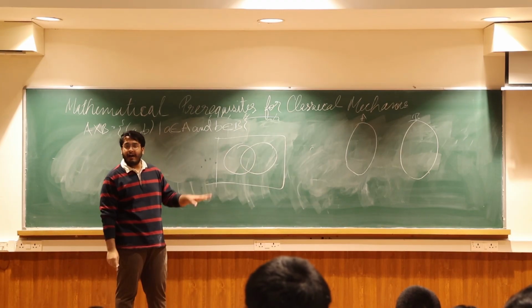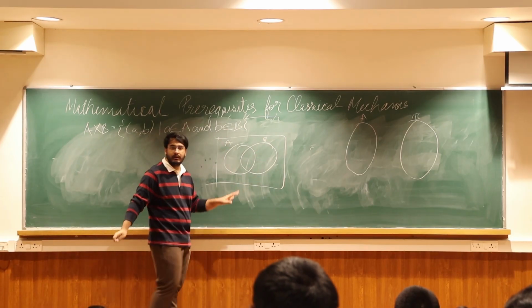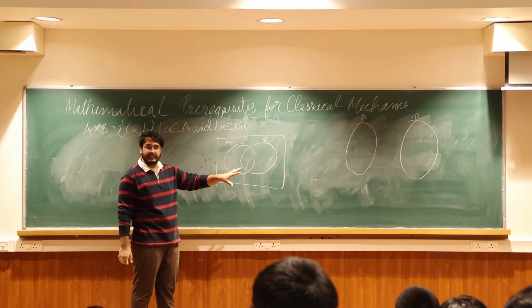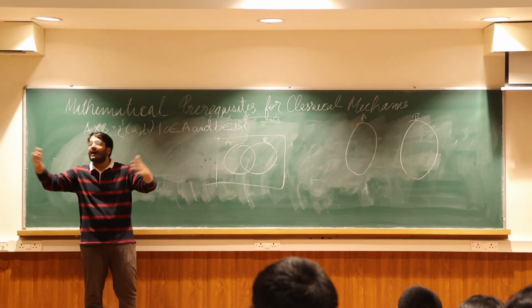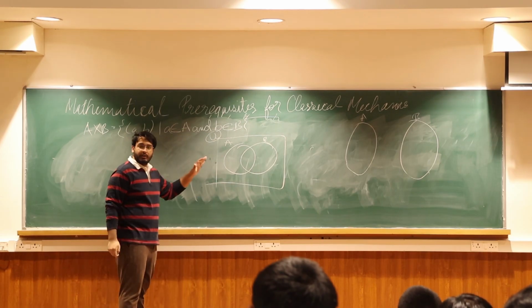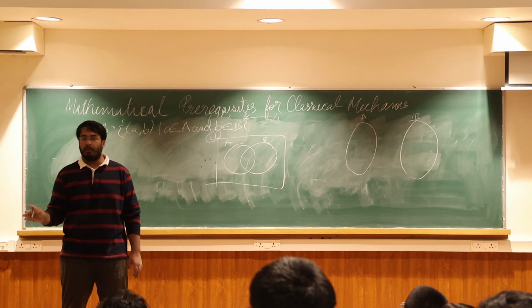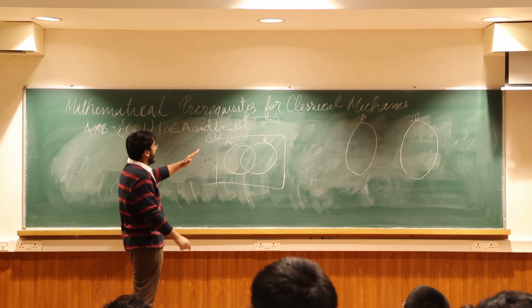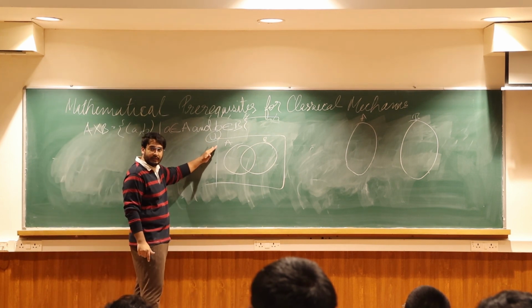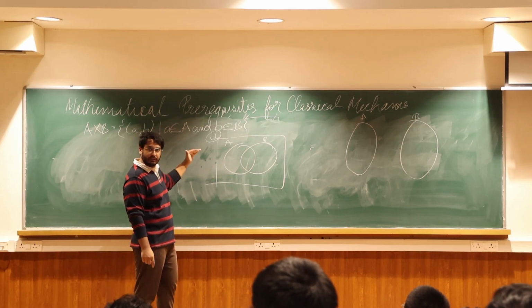Let us say I have a set A and a set B, and both of these are subsets of a larger set which I call the universal set U. The universal set U has all the elements that I am concerned about. So uppercase U is the universal set, and A and B are subsets of the universal set.